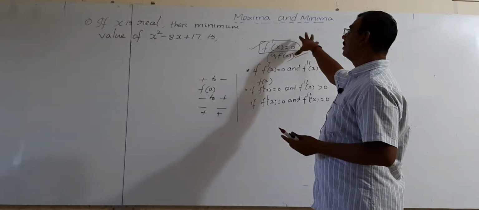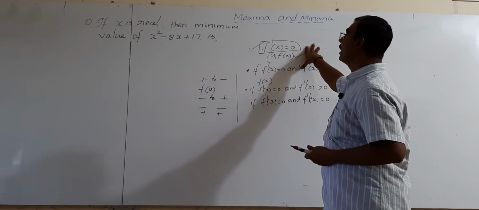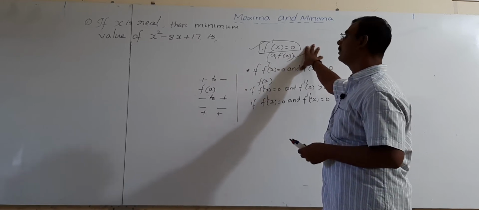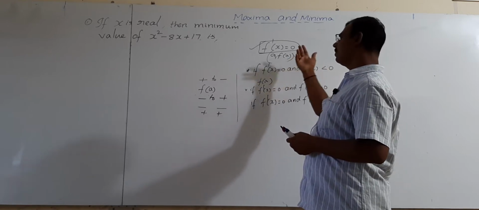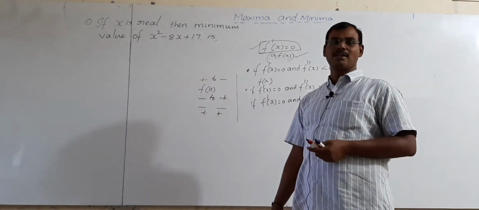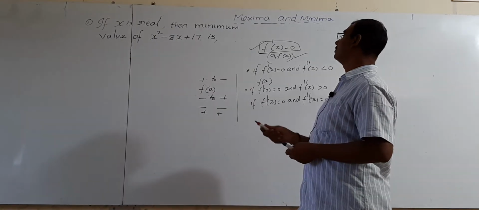Using the first derivative test or the second derivative test, we can find the local maximum or local minimum of f of x at x is equal to a. We can use any method, and there are some more shortcuts here. With the help of shortcuts, we can solve the problems.